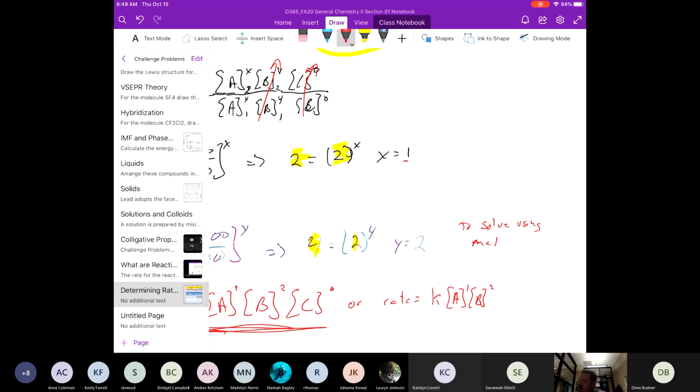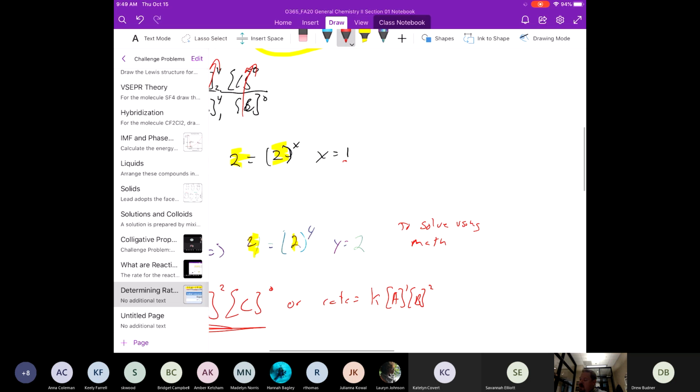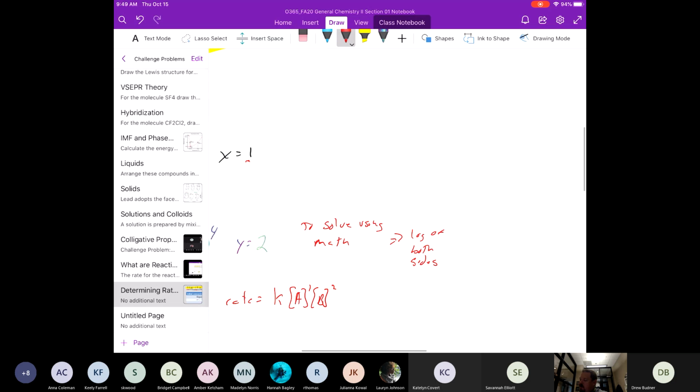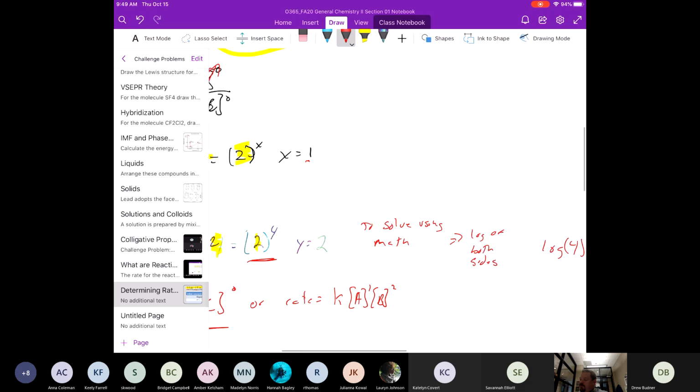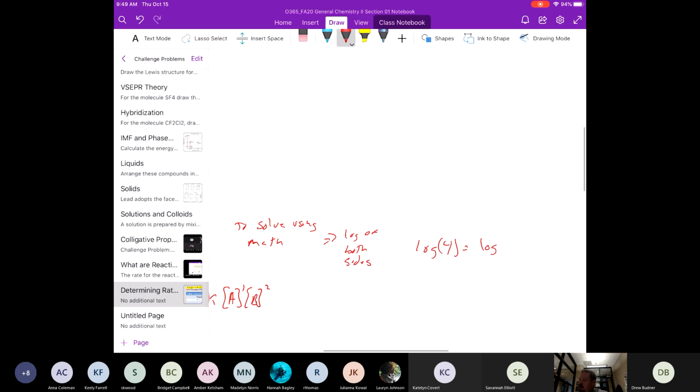To solve using math, we have to get rid of the exponent. In order to get rid of the exponent, we need to take the log. So in this case, we are going to take the log of both sides. So we're going to take the log of 4 is equal to, now when we take the log of this, that y comes in front. So the log of 2 to the y is the same as y times the log of 2.